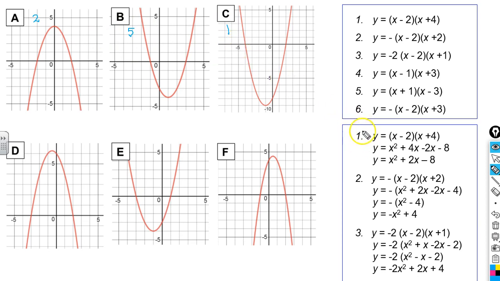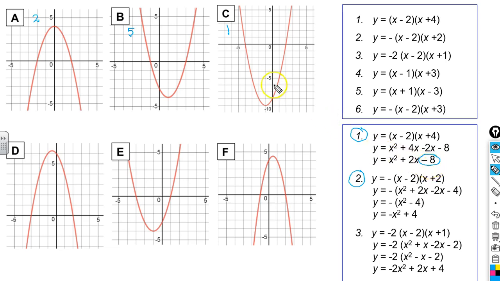So if we look at problem number 1 and number 2, one thing we notice is when I simplify this all the way down, I have a -8 here as my constant. And just like in my linear functions, the constant is my y-intercept.